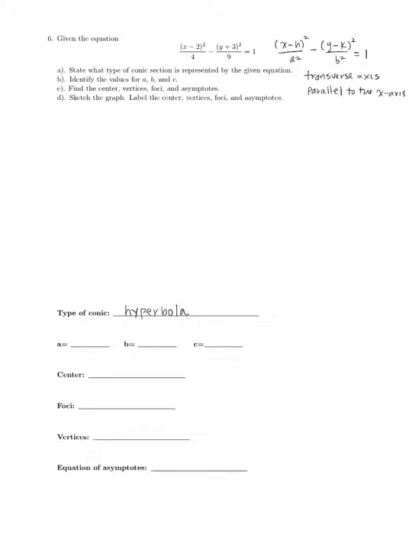So the center is given by (h, k). It looks like the center is going to be (2, negative 3). Now let's go with the a's and b's and c's.